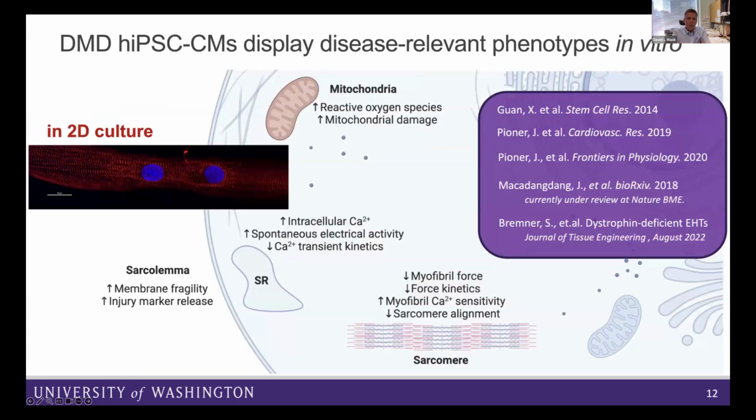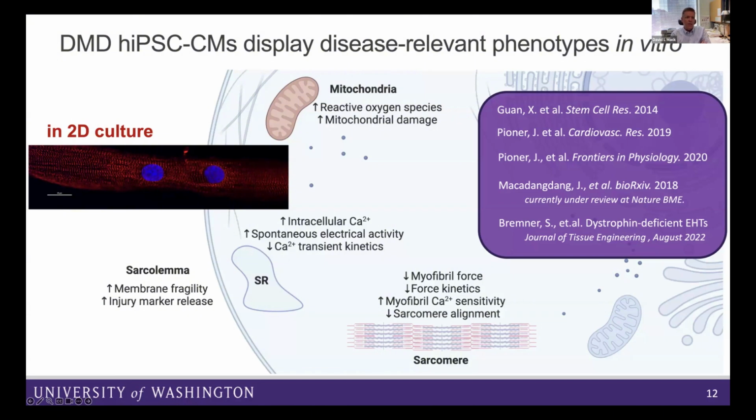So to remind you where we've been, we spent several years studying the DMD cardiomyopathy in 2D. We turn iPS cells into cardiomyocytes on flat plastic. To summarize 10 years of work in one slide, starting in the lower left, we see increases in membrane fragility and increases in release of injury markers like CKMB.